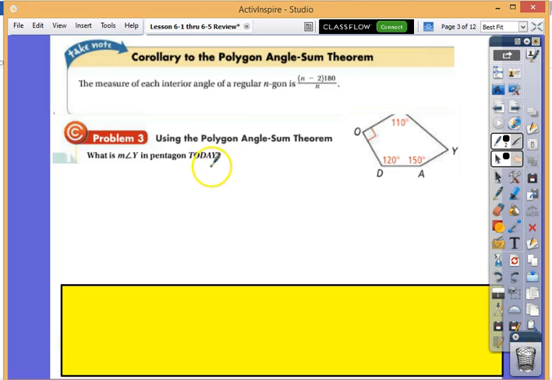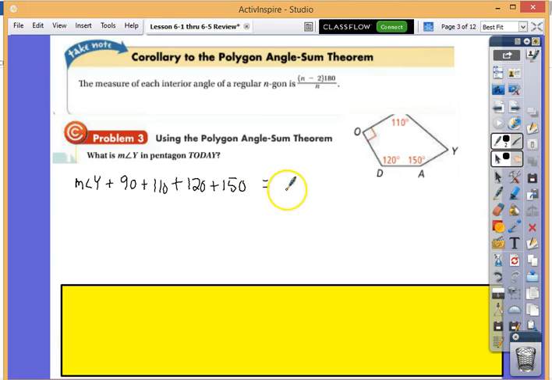Another way we can find angle measures is by adding up all the angles and setting it equal to the interior angle sum. So in this particular problem, if I'm trying to find the measure of angle Y, first of all, I need to know that that is the measure of angle Y plus all the values of the other angles: 90 plus 110 plus 120 plus 150.